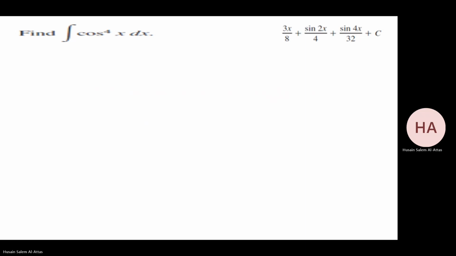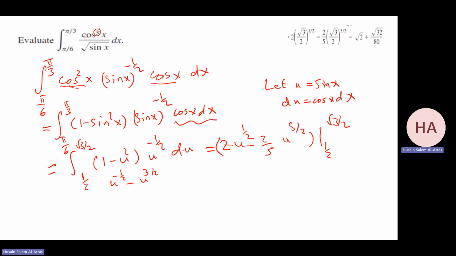Oops. So that gives me 2u, which is square root 3 over 2 to the power half, minus 2 over 5 u, which is square root of 2 to the power half, minus... what half there?